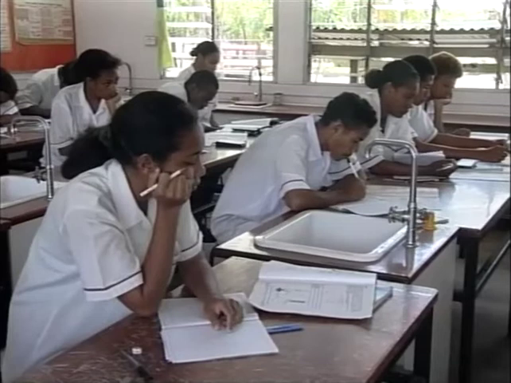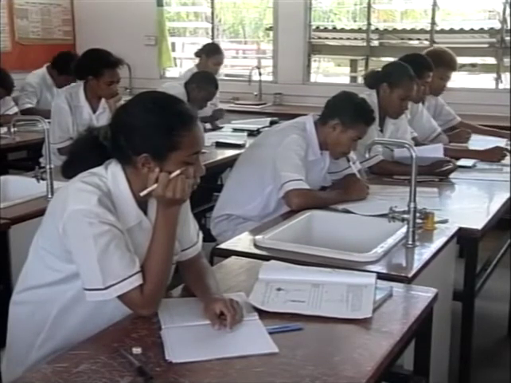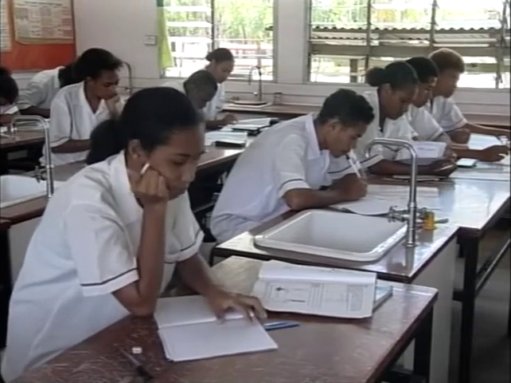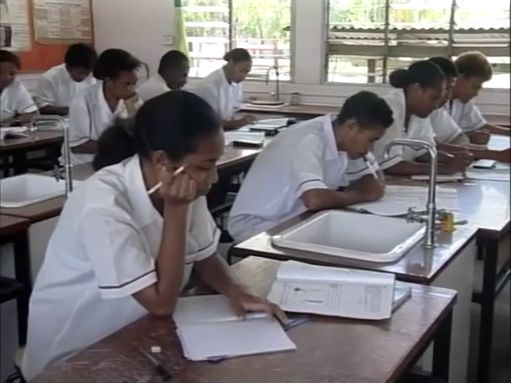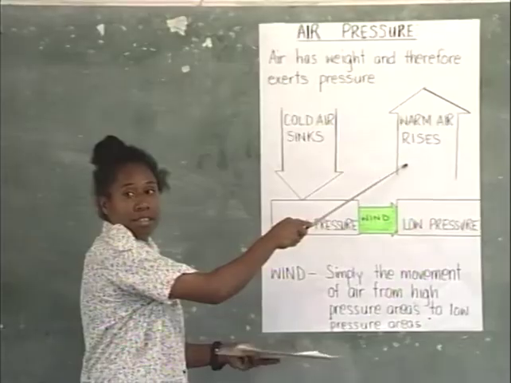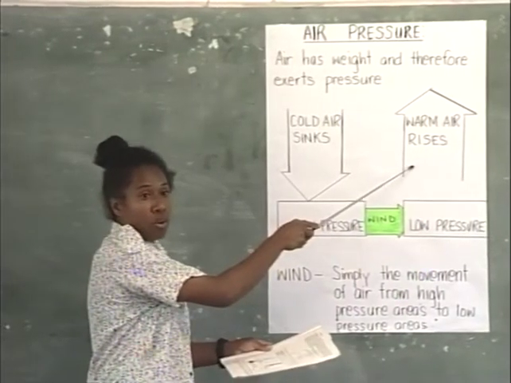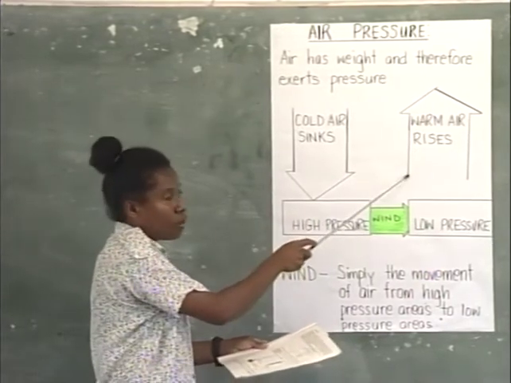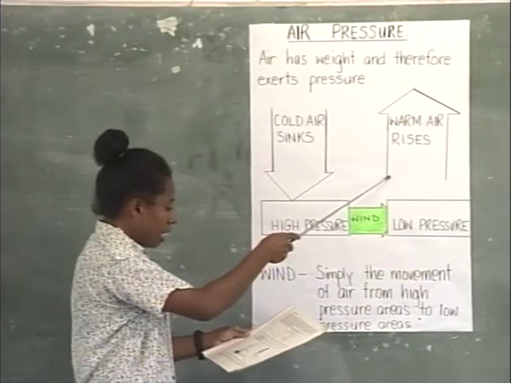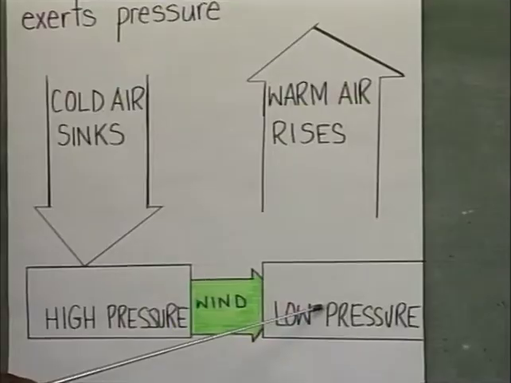Number 2, or B, low pressure results from rising air, and it is usually associated with precipitation. Remember, for rainfall to occur, air must rise. So therefore, precipitation or rainfall will always be associated with rising air or low pressure.